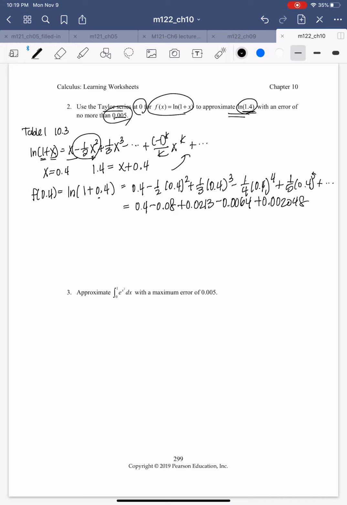So if we do that, since the absolute values of the terms are decreasing, we can apply theorem 1: the first four terms represent the approximation and the fifth term represents the error. So this part will be my error term, right? Because remember the formula is f of x equals P sub n of x plus the remainder term. And this one will be your Taylor polynomial of the first four terms. That's how you interpret it.